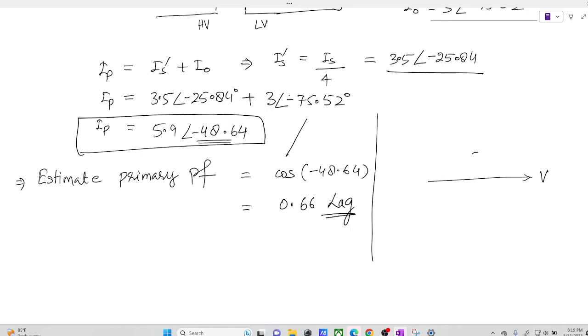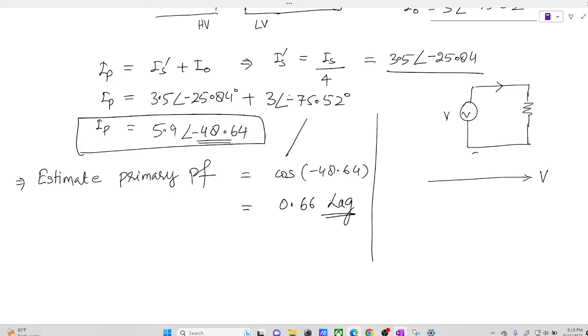See, this is the V phasor. Suppose this is some AC voltage, and we have an R load first.